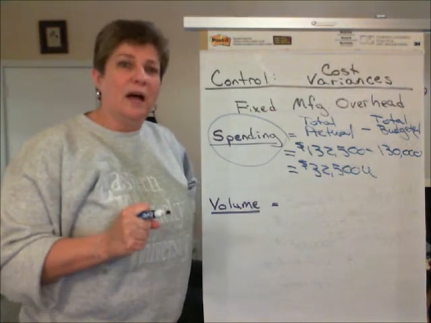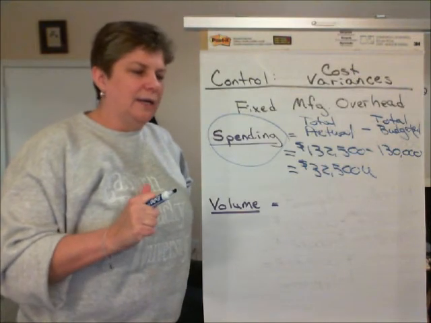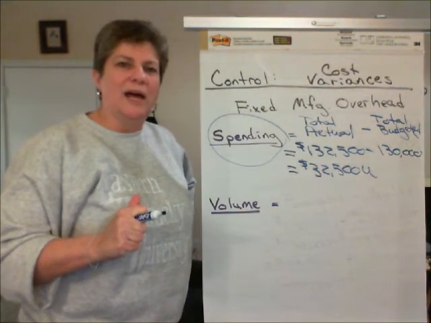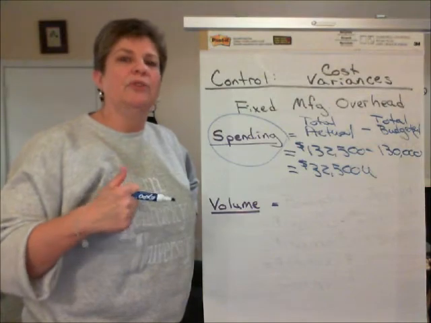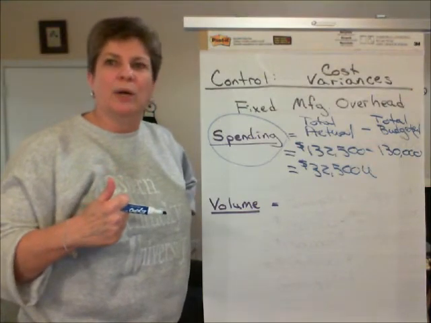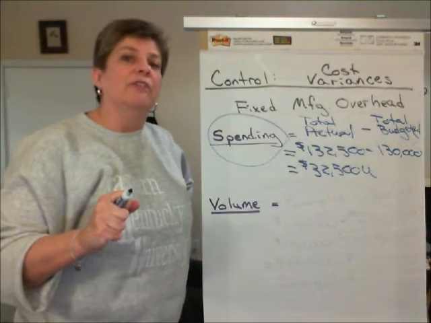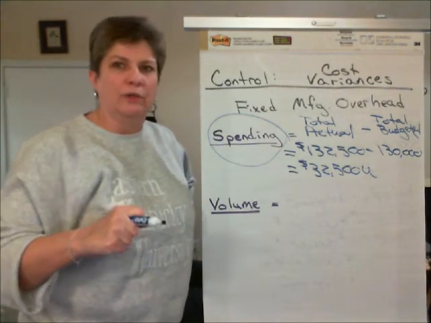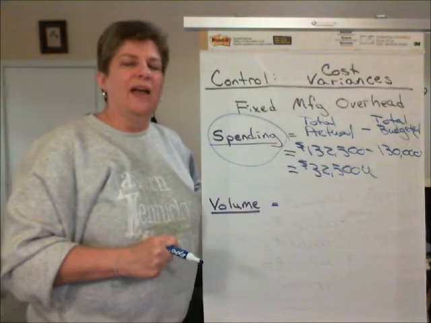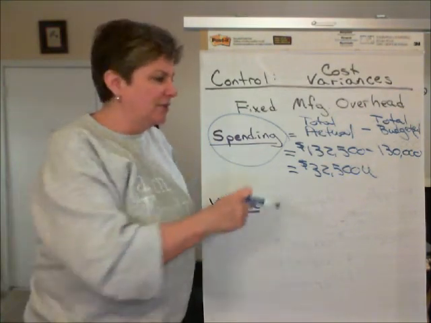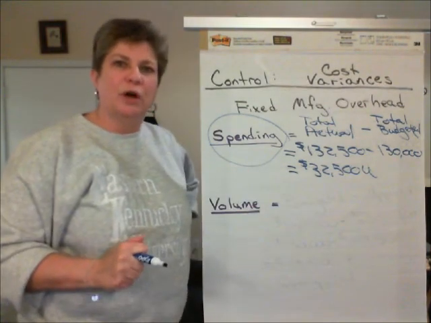There may be other things that happened, such as management decided to give all of their executives bonuses. So that would drive up costs for the plant. If the plant manager and other managers within the factory got in on those bonuses, then that would drive up the fixed overhead.